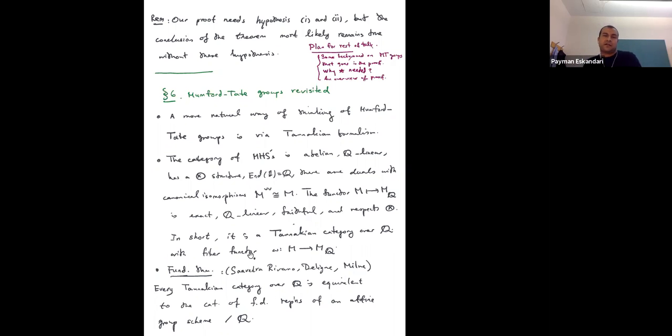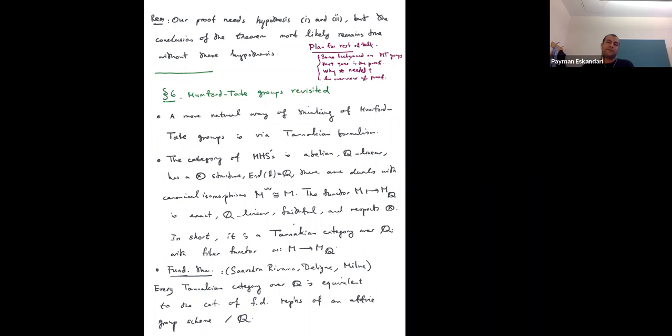By definition, a Tannakian category is a category that satisfies these conditions, for which there is a fiber functor. The prototype example of a Tannakian category is the category of finite dimensional representations of a group or a group scheme.